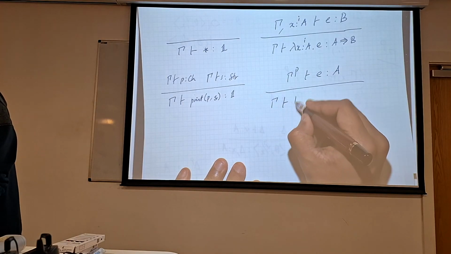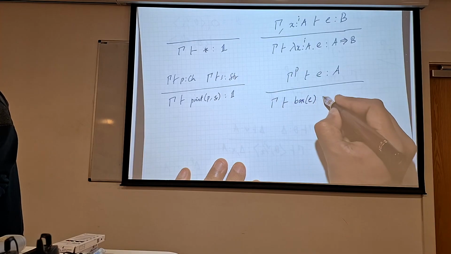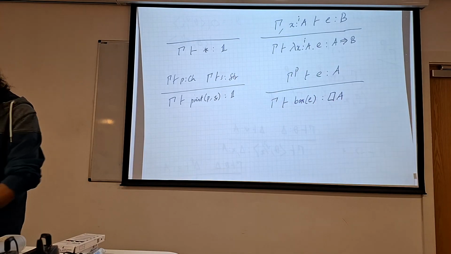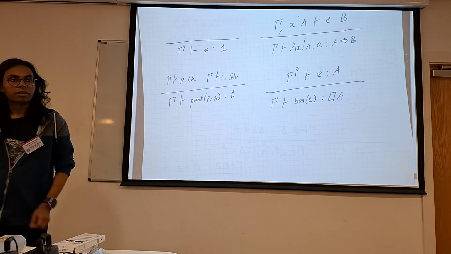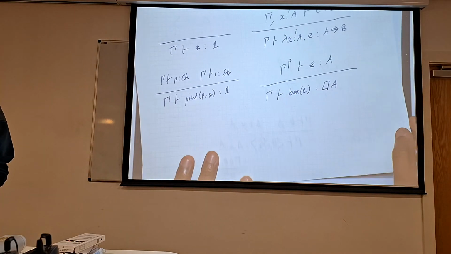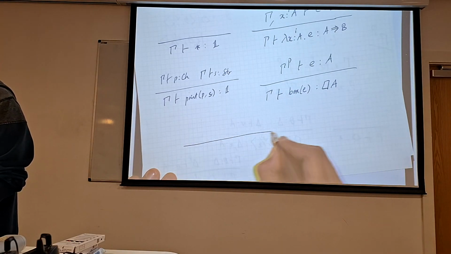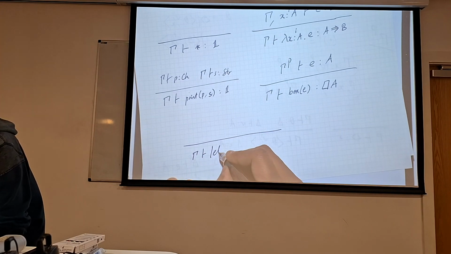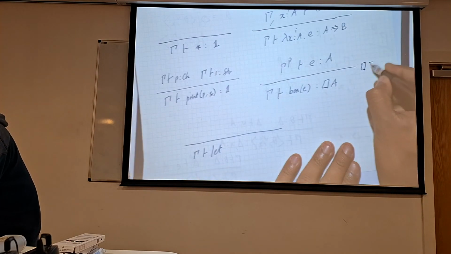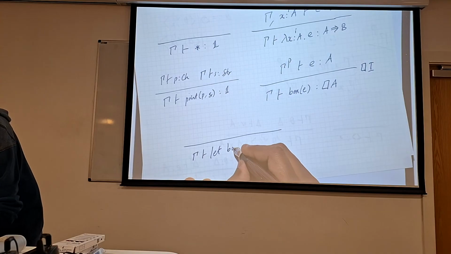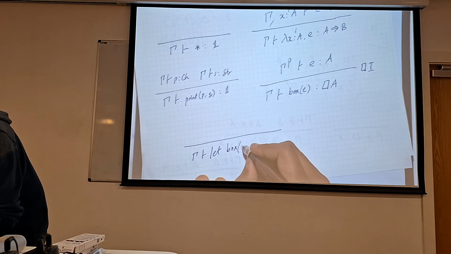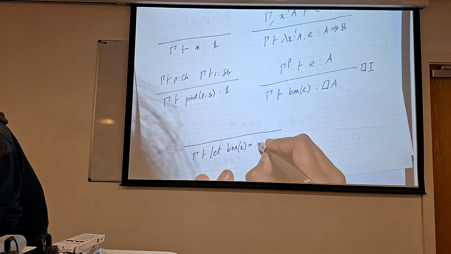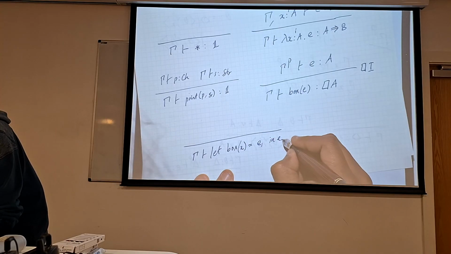So box A. The box is a type constructor I add, and let's see if I can write, so this is the box introduction, and let box x equals E1 in E2.